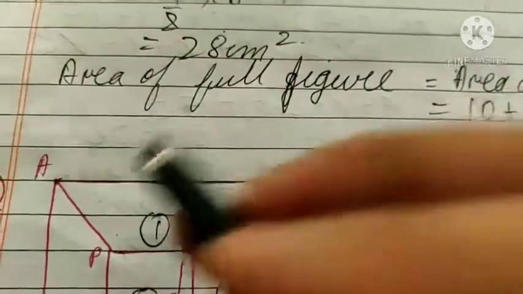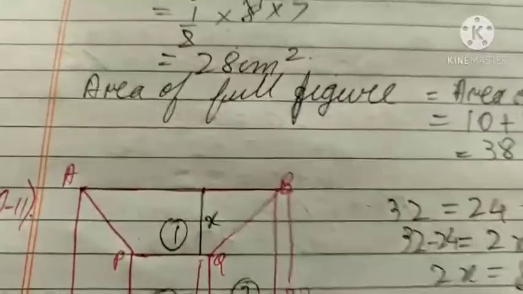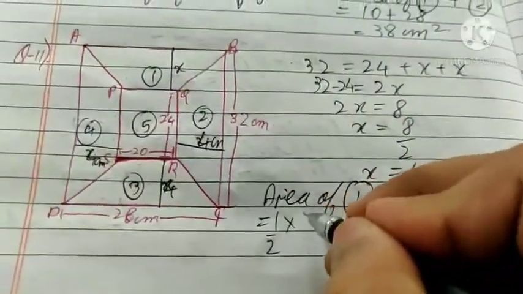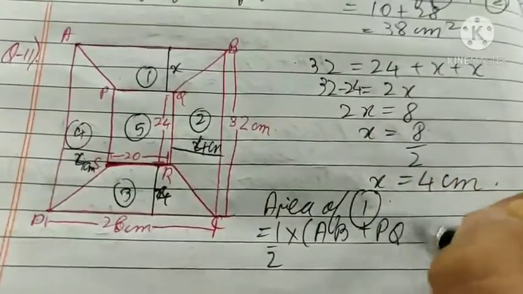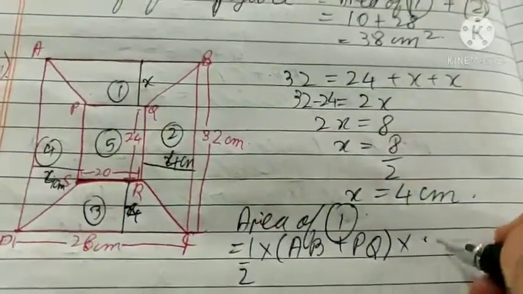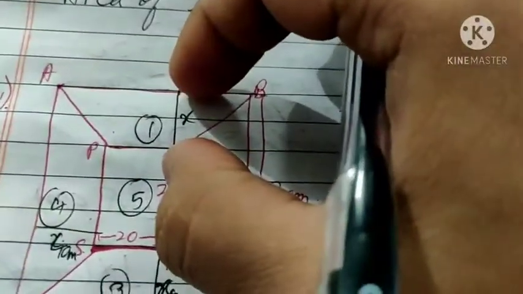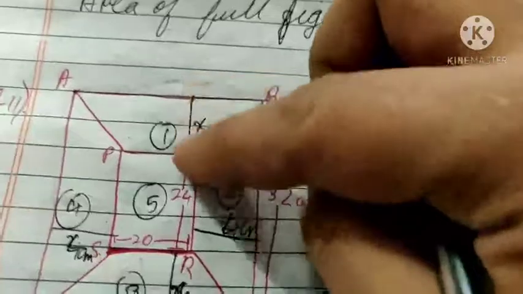Okay, AB and PQ are parallel, so half into sum of parallel sides, that is AB plus PQ, into distance between parallel side, that is x. This is the distance between parallel side, this and this.